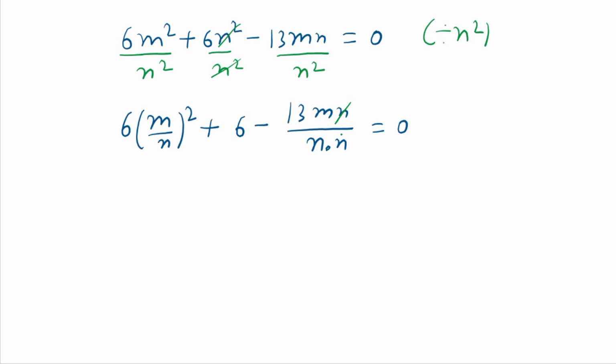Now this n and this n cancel out, then here 6 times m over n square plus 6 minus 13 times m over n.